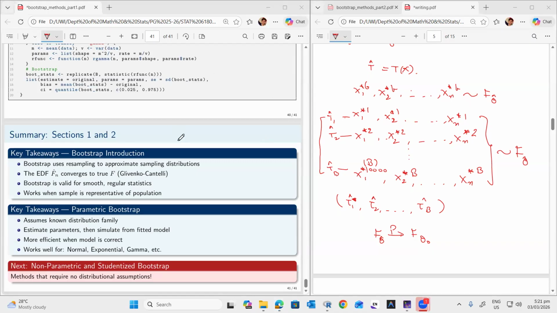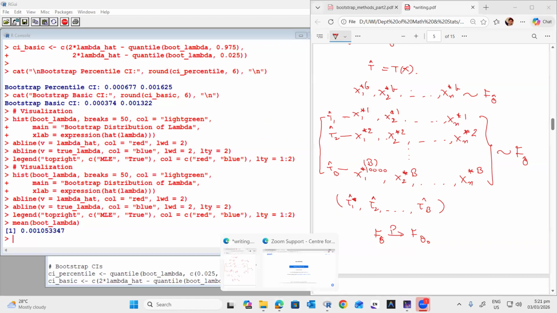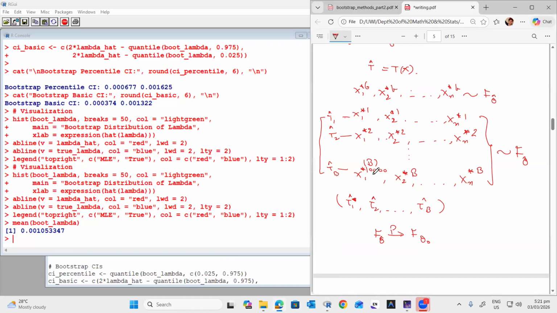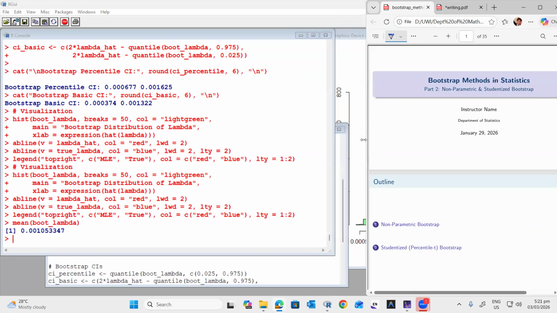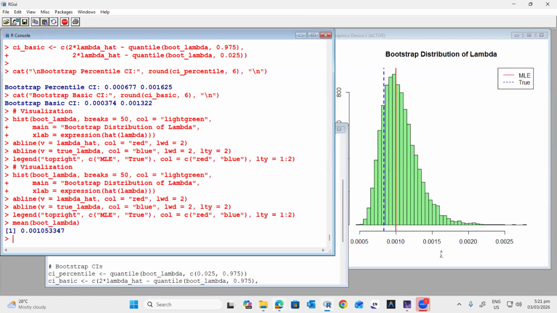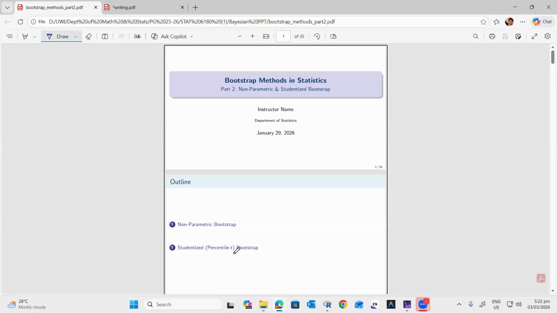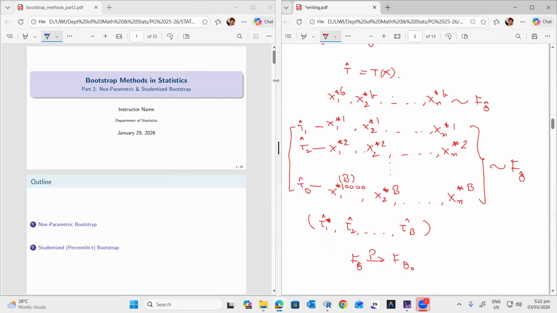Okay, so we will move to the next one. That is our bootstrap methods for non-parametric.